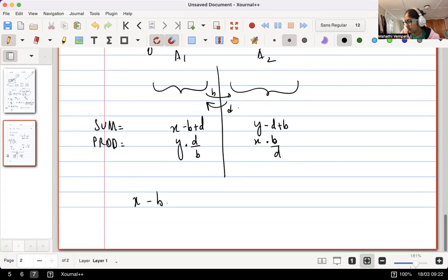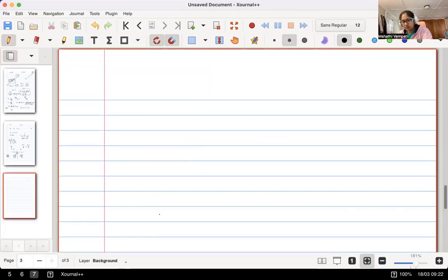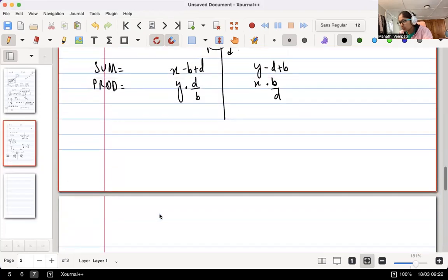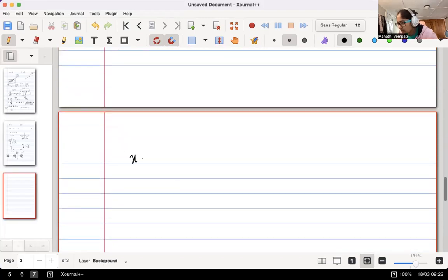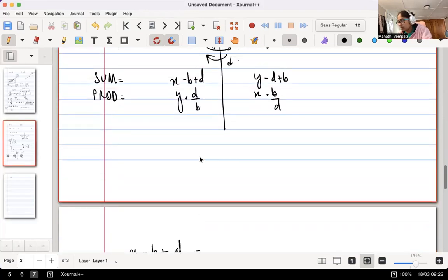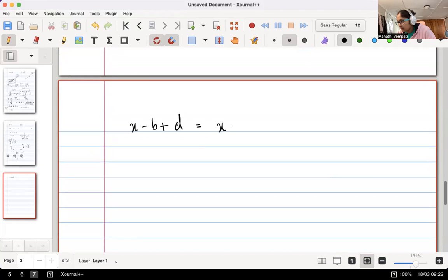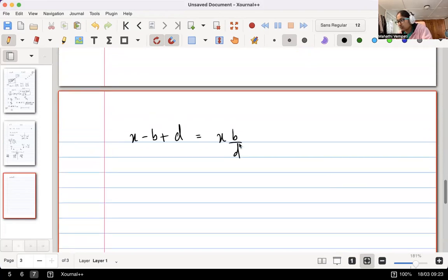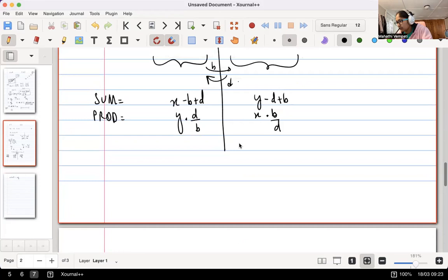So you need X minus B plus D is equal to X B by D. And Y minus B plus D is equal to X B by D. Does this help us?